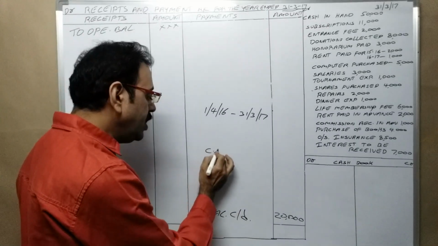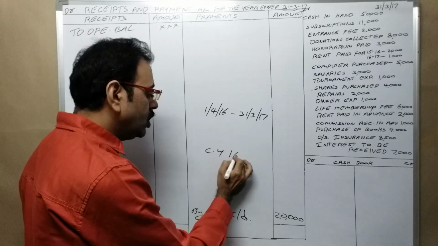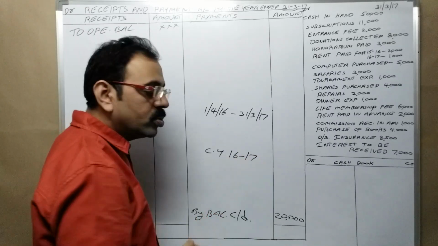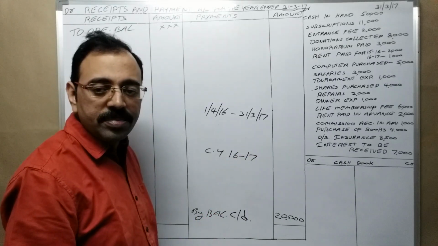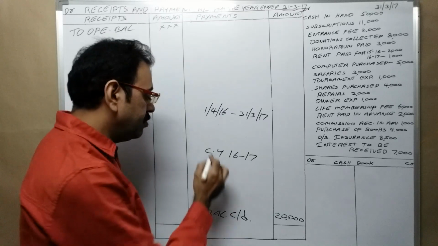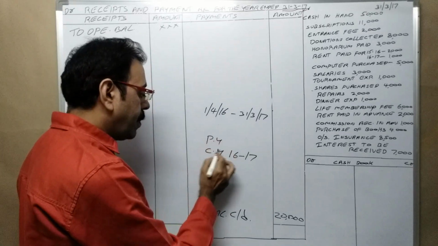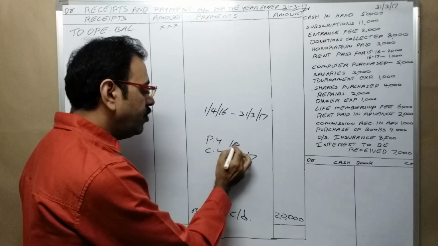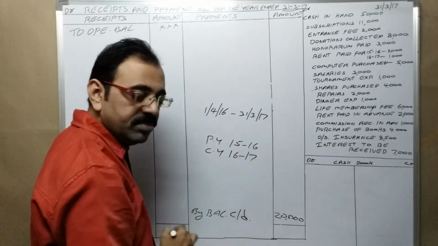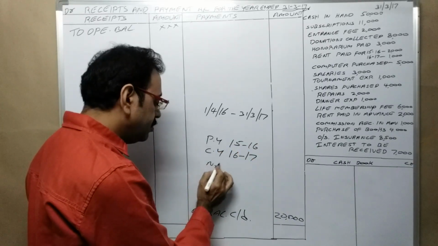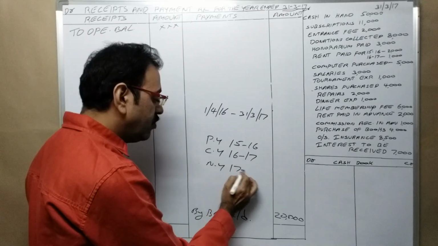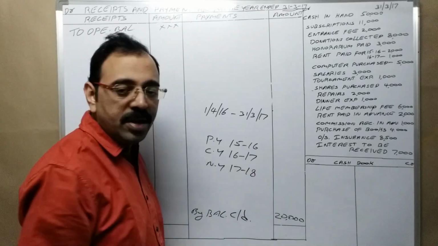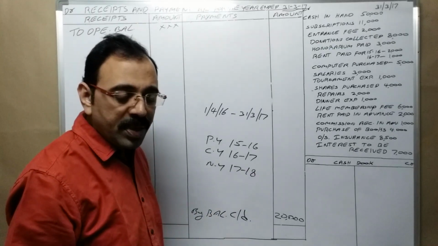Then our current year is 2016 and 2017. Then what is the previous year? 2015 and 16. Next year 2017 and 18. Clear?